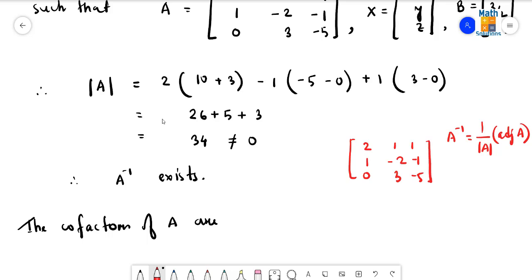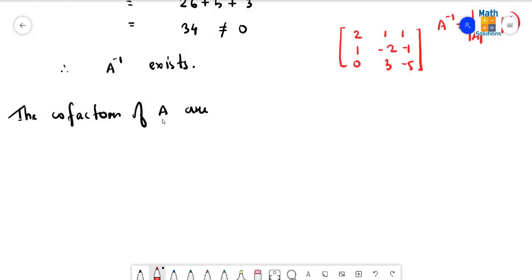So what did I get here? The cofactors are A11. I shall be getting the sign convention. This is the sign convention to be used here. Plus, minus, plus, minus, plus, minus, then plus, minus, plus.